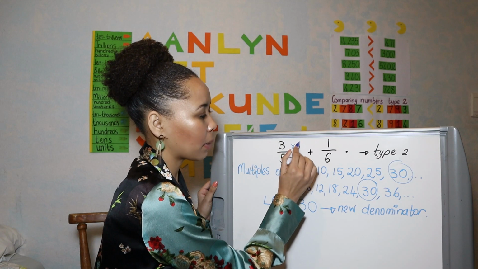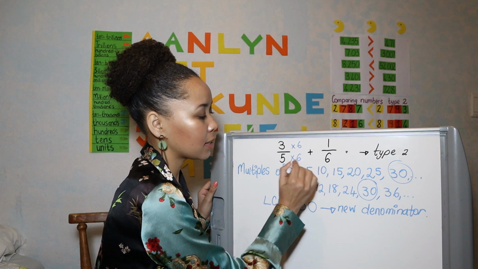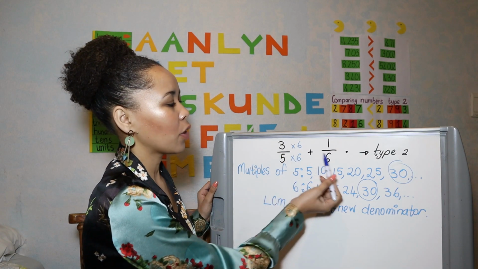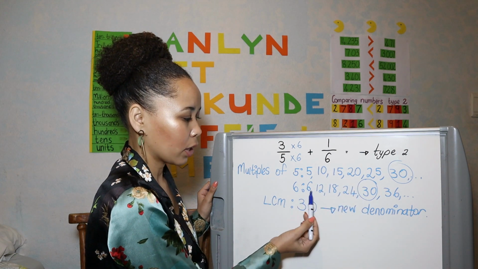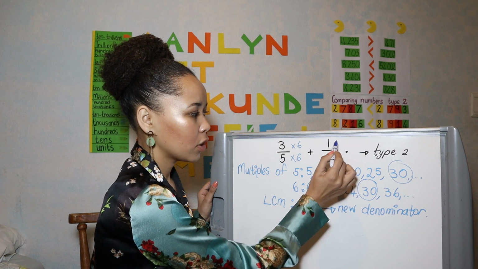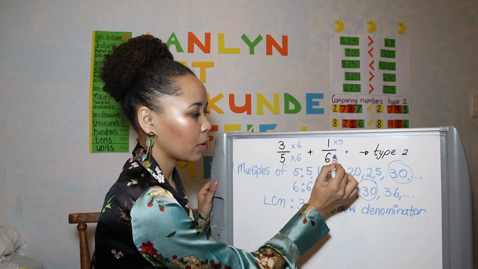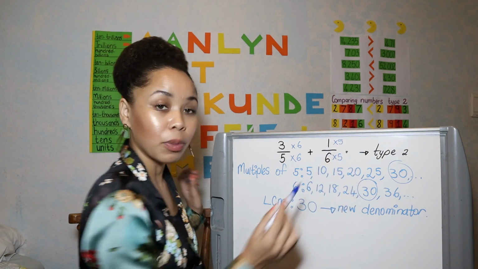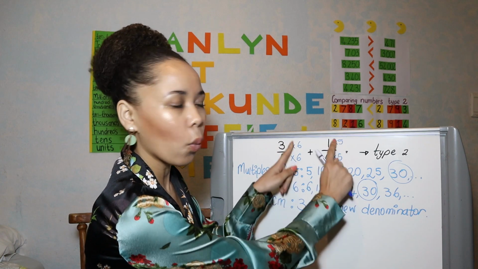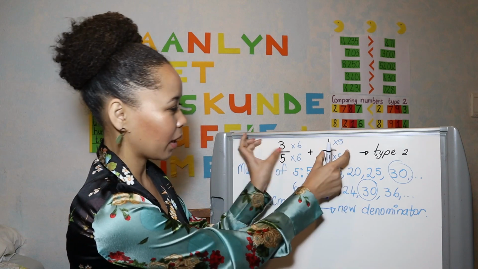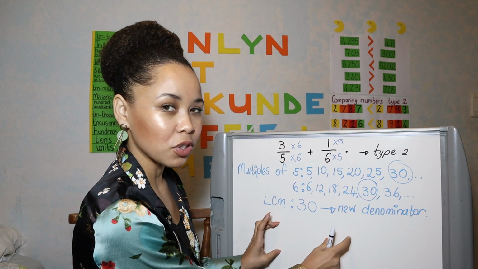So I multiply by 6 on top and 6 at the bottom. And then what do I have to multiply 6 by to make it a 30? 1, 2, 3, 4, 5. So I multiply by 5 on top and 5 at the bottom. And now I can write down my new equivalent fractions.